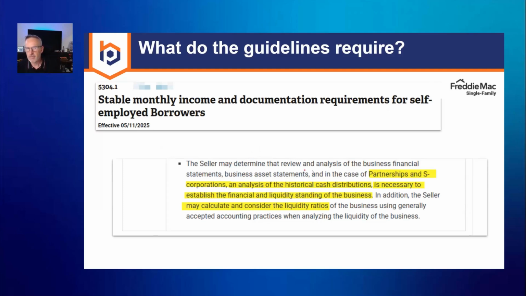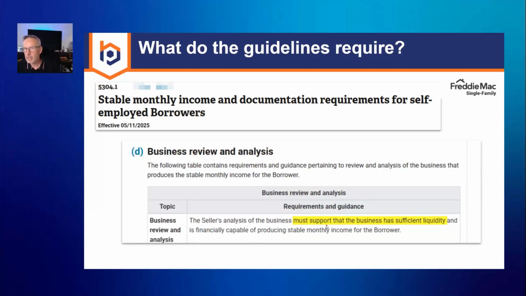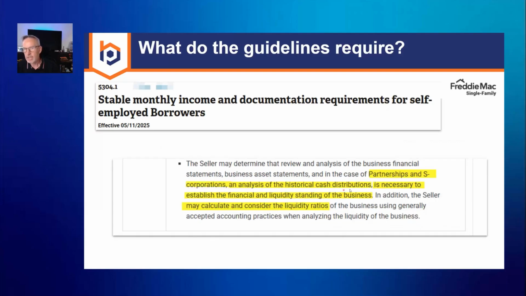It says, okay, if you want to use partnerships and S corporations, you should analyze the cash distributions as one way, right, to establish the financial liquidity and standing of the business. What does it say here? Sufficient liquidity. You can establish it using distributions, or in addition, you can use liquidity ratios. So they give you a couple of different ways, but they don't give you an option of not doing this stuff.